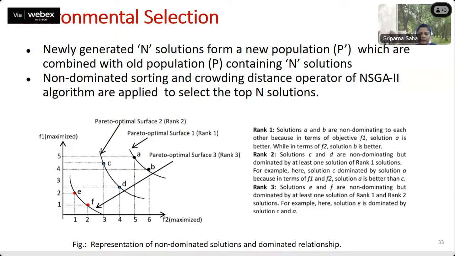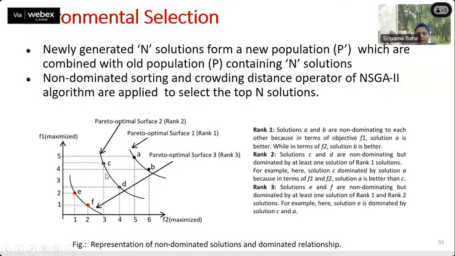So we'll basically partition these 2p solutions into different ranks. So for example, if the objective functions are maximization type, then A and B are the best 2 solutions, which are the Pareto front 1. They are the rank 1 solutions. These 2 solutions are non-dominated to each other, and they are also rank 1 solutions.